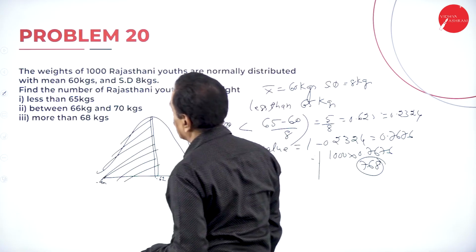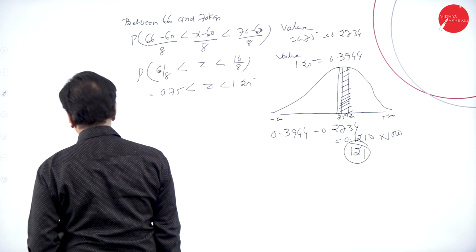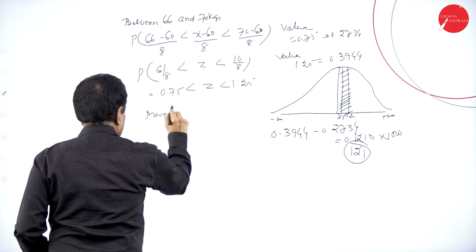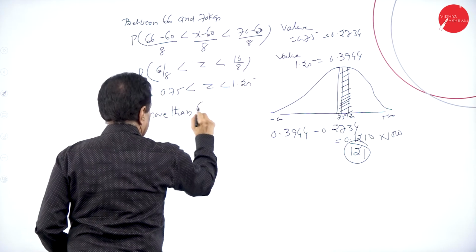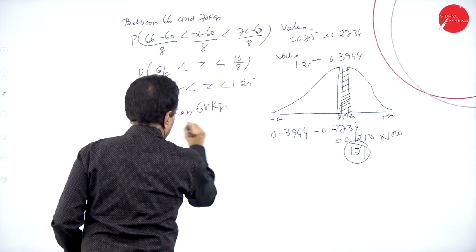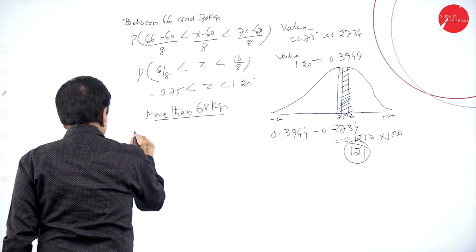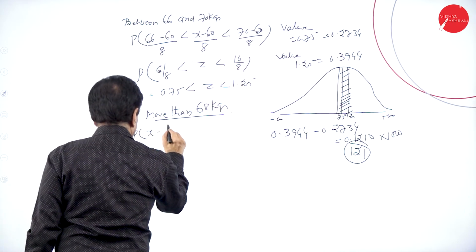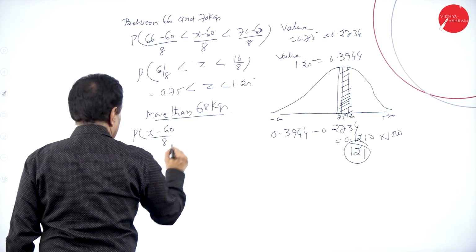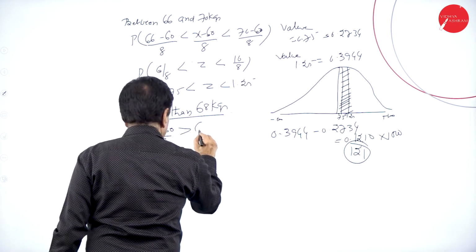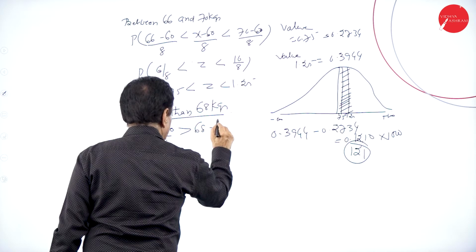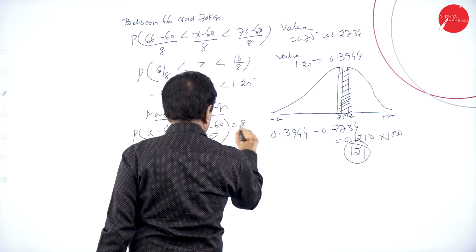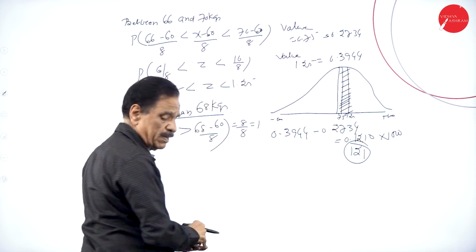So the last one: more than 68 kgs. So P of X minus 60 divided by 8 more than 68 minus 60 divided by 8. This is 8 by 8, which is equal to 1.